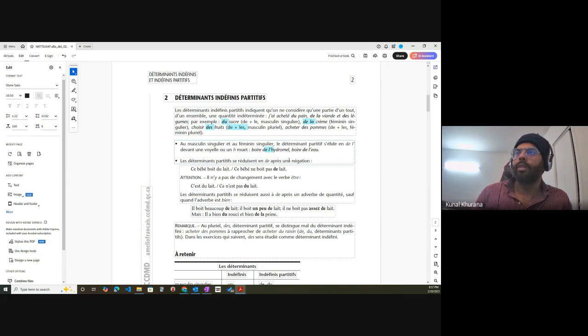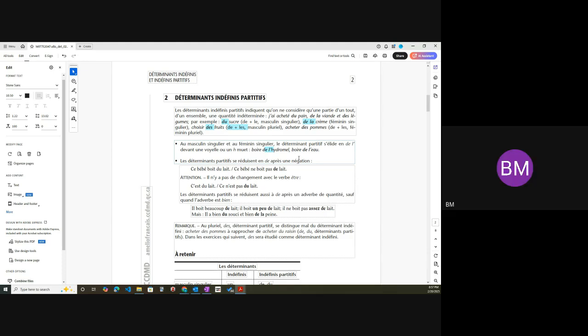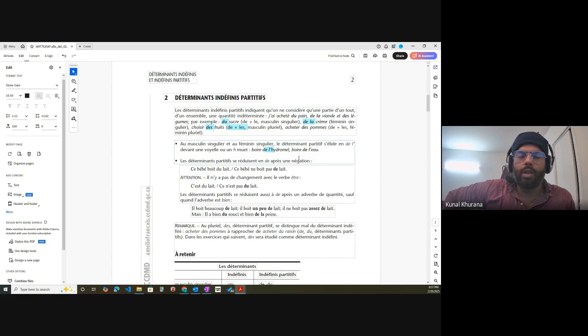the L apostrophe. So it is if it starts with H or it starts with a vowel. Because in French there are two H, H muet and H aspiré, but majority of the H are muet.